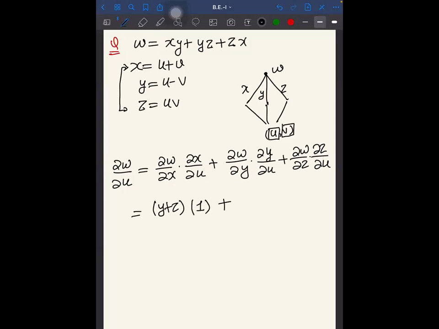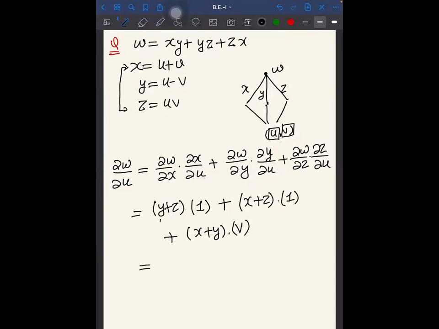And curly w upon curly y? x plus z. And curly y upon curly u? 1. Plus curly w upon curly z, that is x plus y. Curly z upon curly u is v. Okay, so is that fine? Are you getting this? Now let's substitute the values, right?